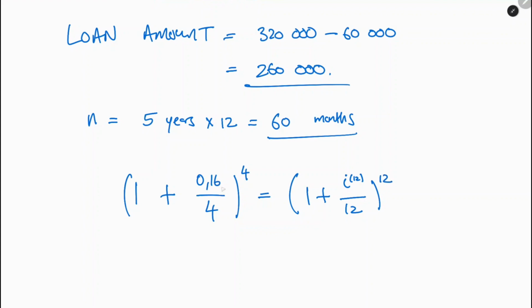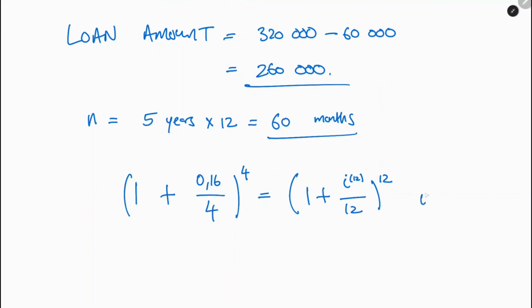So this 16% compounded quarterly is the same as this value here compounded monthly. So we need to solve for I-12 to get our interest rate per annum compounded monthly.